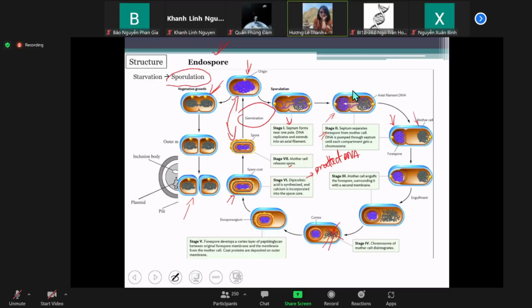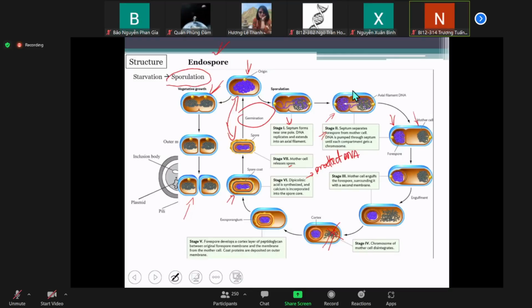So it's because Clostridium botulinum, in normal case, they are in the form of spores.